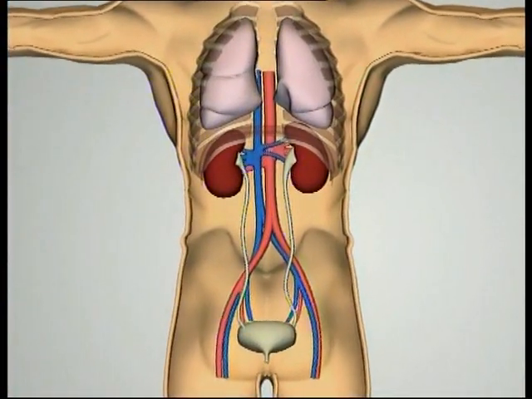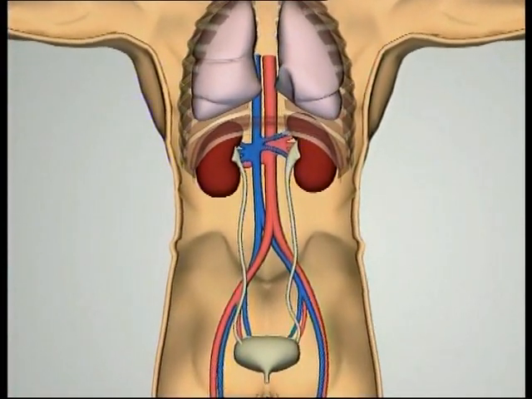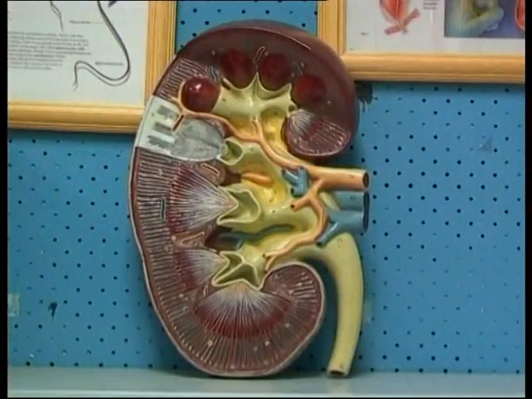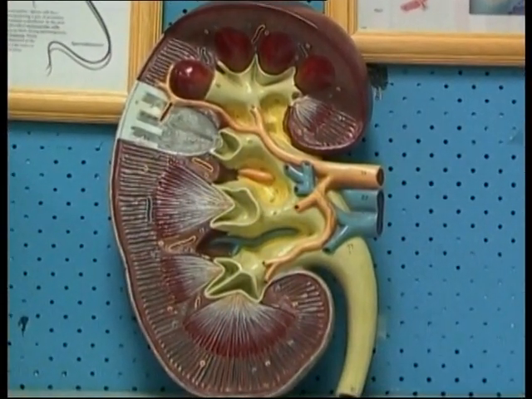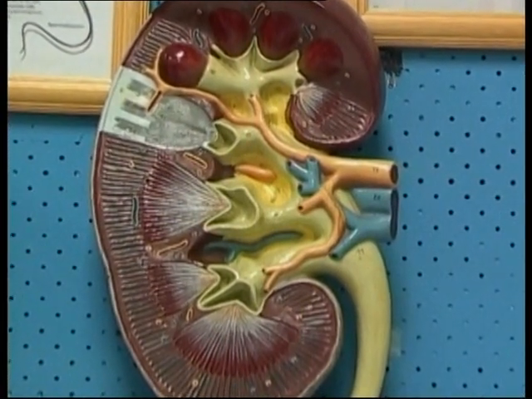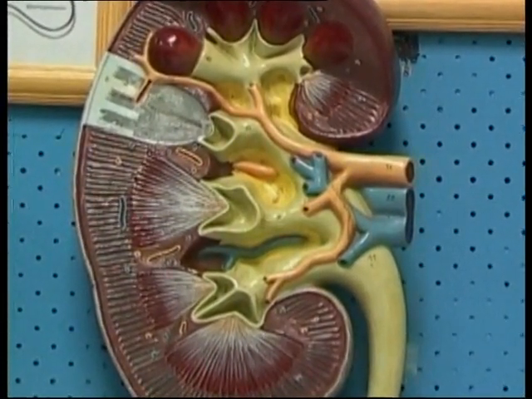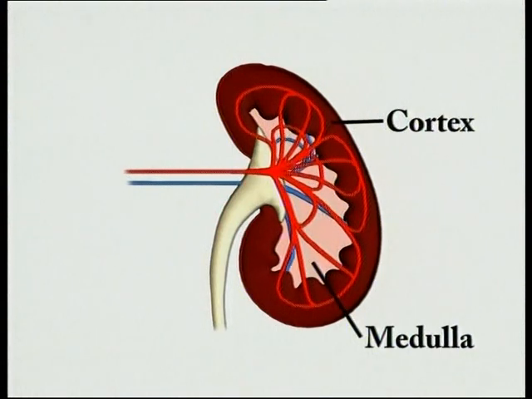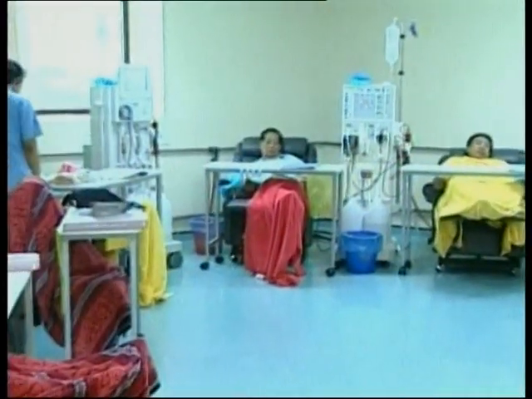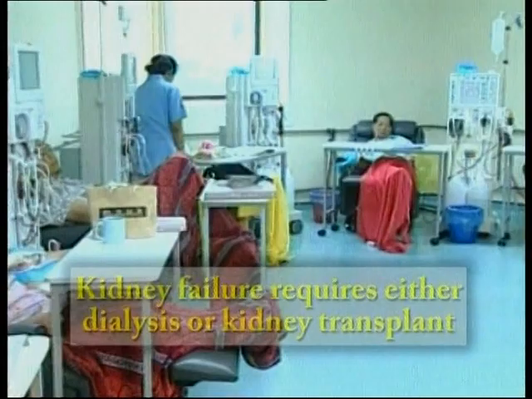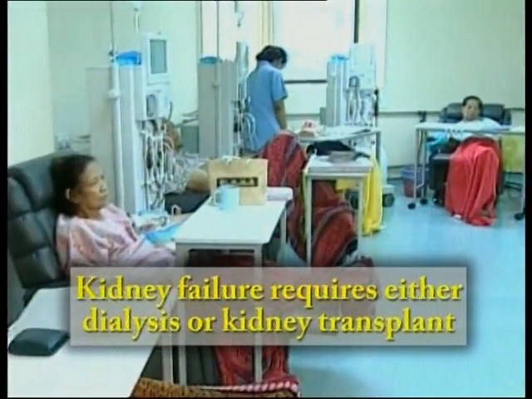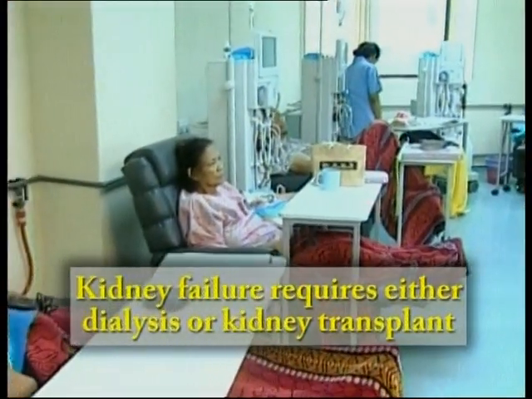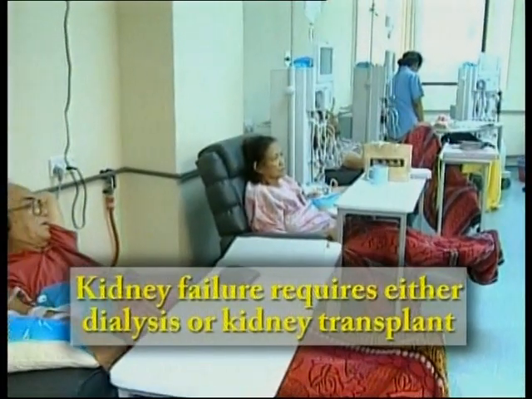The kidneys are found at the back of the abdominal cavity. Number 11. The kidney is bean-shaped and the size of a clenched fist. Number 12. The kidney is made up of two parts, that is, the cortex and the medulla. Number 13. When both kidneys stop functioning, the patient has to be treated with kidney dialysis or kidney transplant.